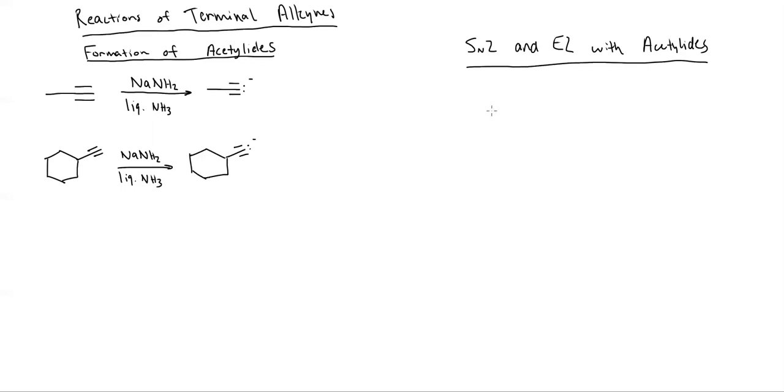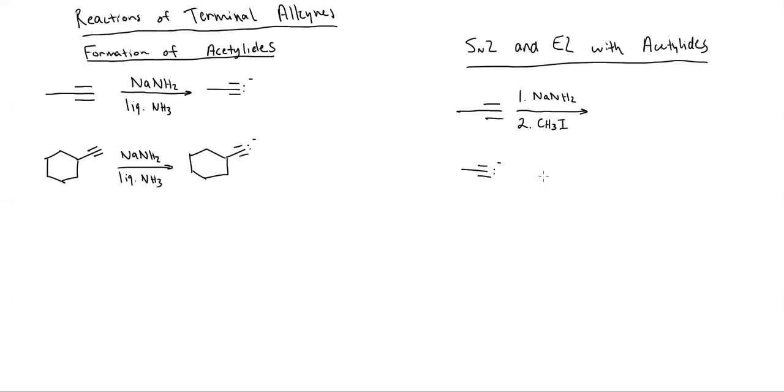So what I'm going to do is start with this alkyne again. As a first step, I'm going to put in NaNH2. And then as a second step, I'm going to put in CH3I. CH3I is methyl iodide. So step one is going to deprotonate my alkyne, so I'm going to end up with this after step one.